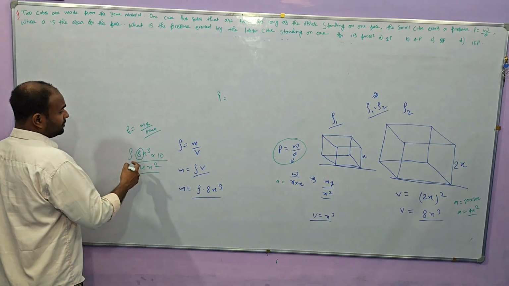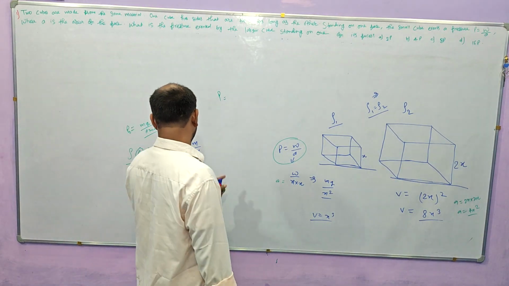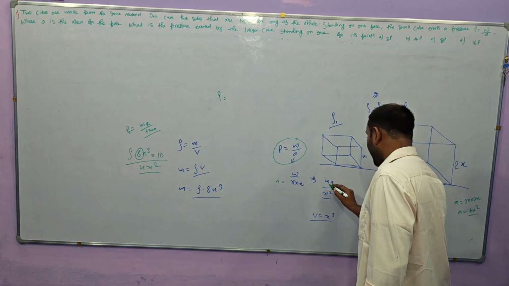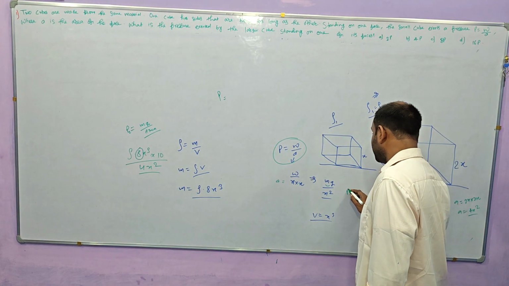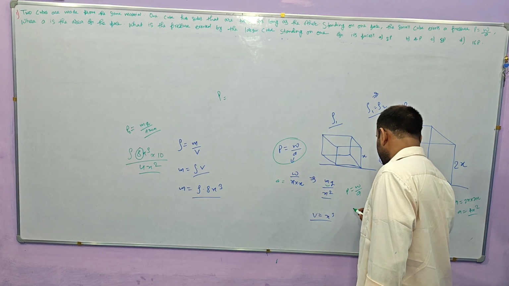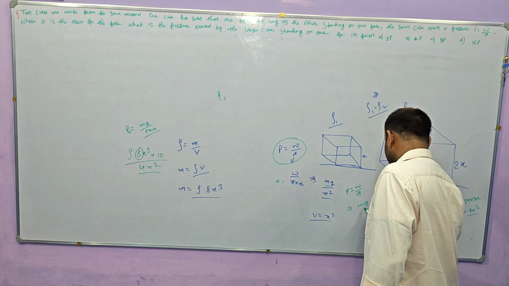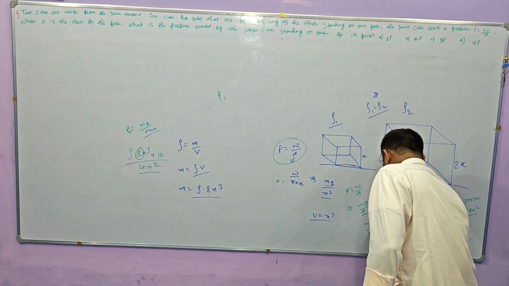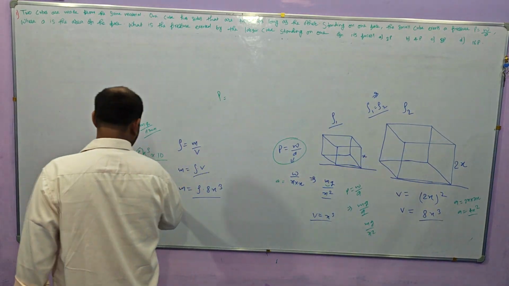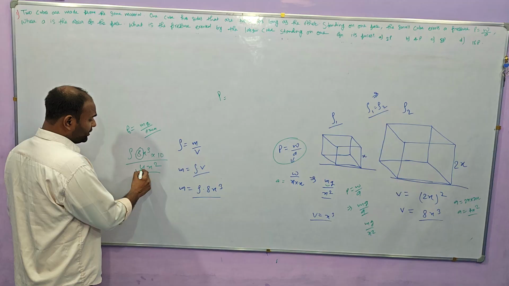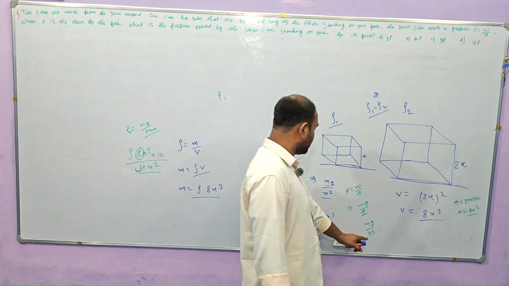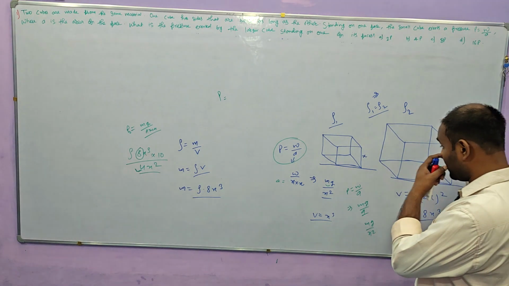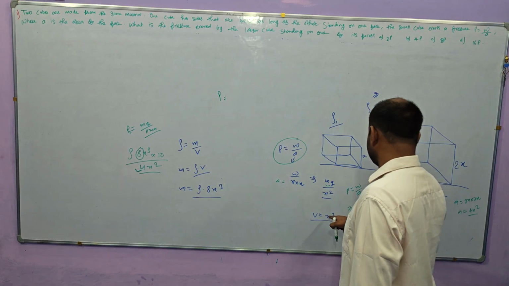From this we get P is equal to W upon A, so mg upon x square for the small cube, and the other has an area 4 into x square. That means it is 4 times this, and it has a volume 8 into x cube, while the small one has a volume x cube.